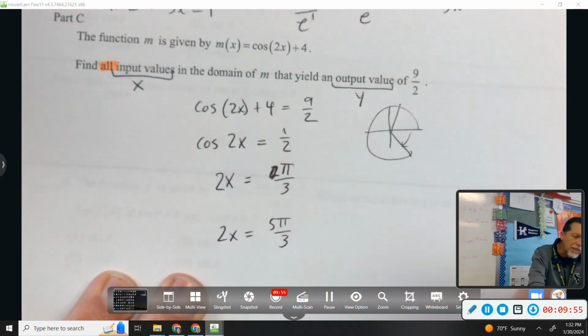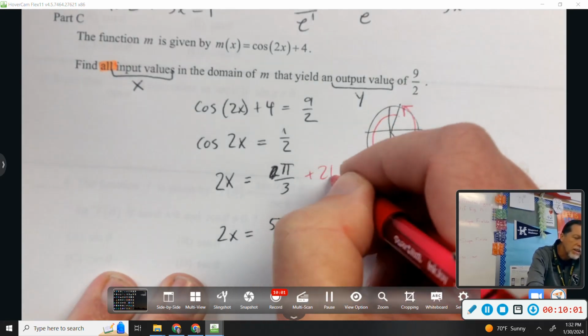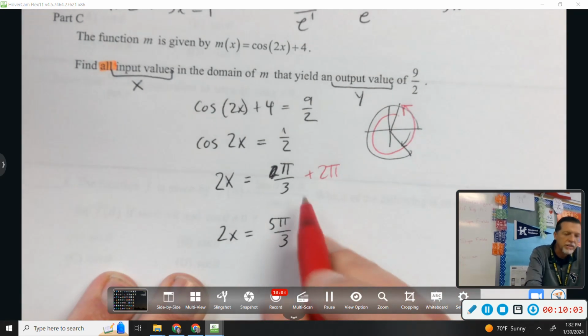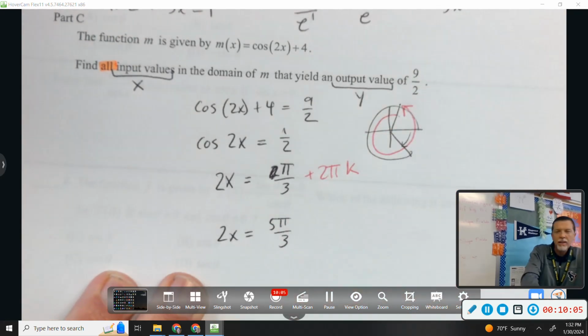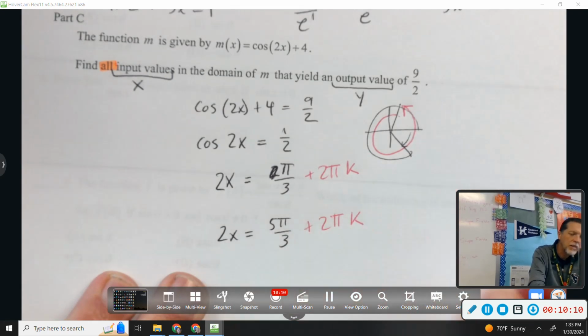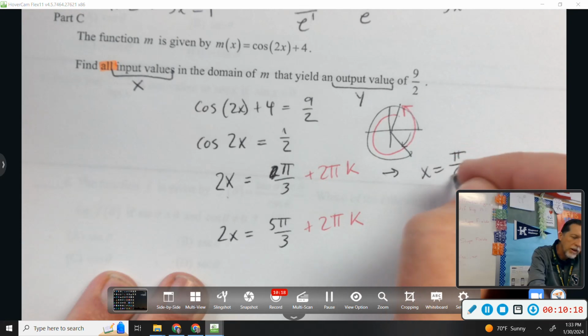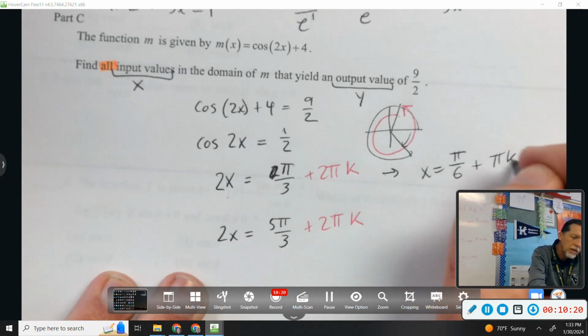And if I want to get them all, then I need to rotate around 2 pi k to land back where I started, k meaning as many times as I want. But that's not it, because now I need to divide by 2. So pi over 6 plus pi k, 5 pi over 6 plus pi k.